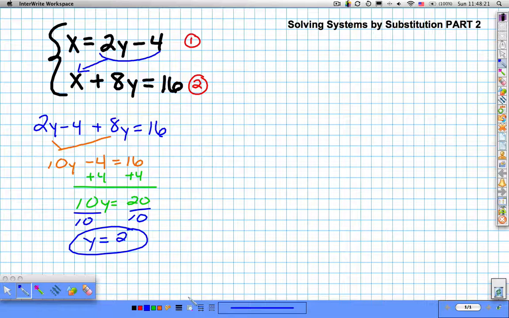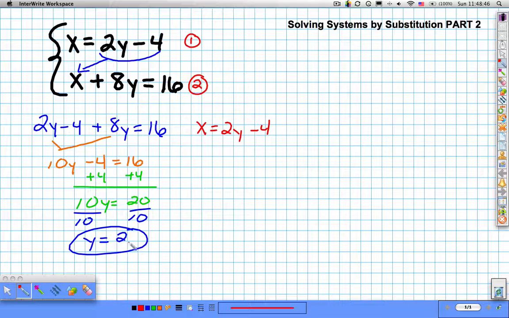So now I need to put y back into one of the original equations to solve for x. Again, it doesn't matter which one. Now I'm going to pick the first one because it's already been solved for x, so all I have to do is put y, my value for y, in and get a number, and it'll already be set up for me to say x equals some number. I could use equation 2, but I don't have to. I'm going to use equation 1. So here's equation 1.